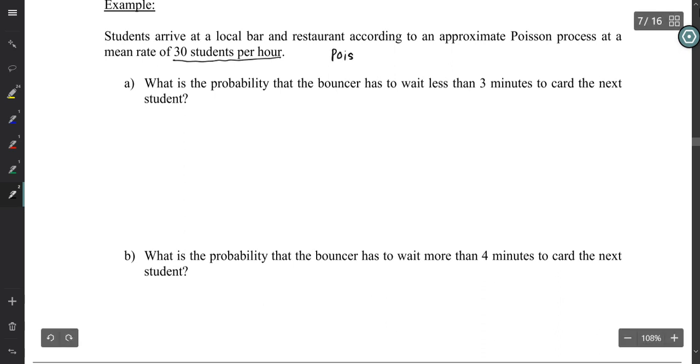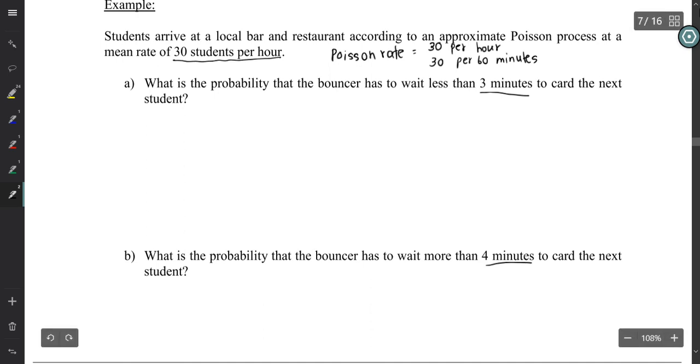Now you have to go back and look at the applications I showed you for the exponential. It explains how this Poisson process is related to the exponential density. So the Poisson rate is 30 per hour. What does that mean? Per 1 hour. These questions are in minutes, so you have to convert hours into minutes. 1 hour is 60 minutes, so the Poisson rate is 30 per 60 minutes.